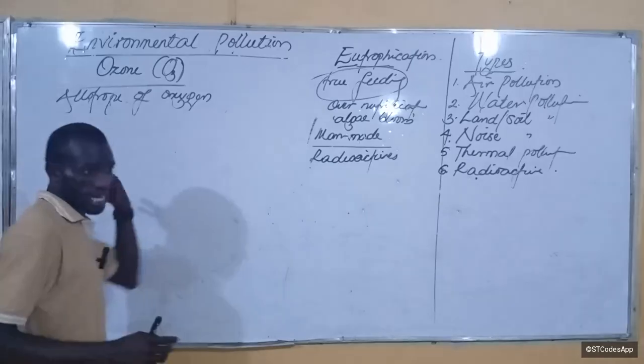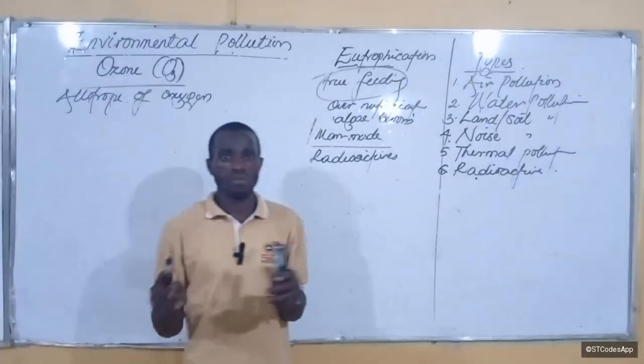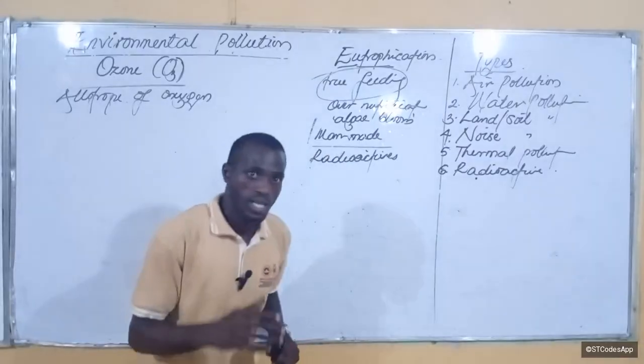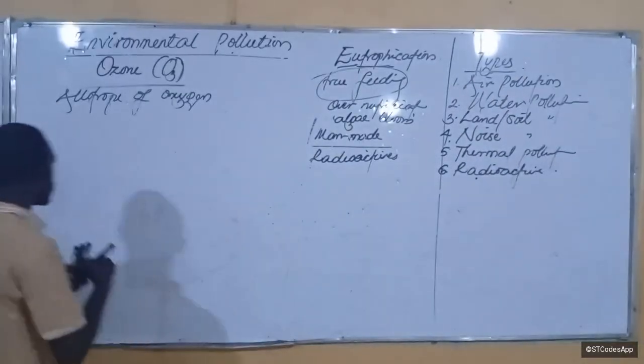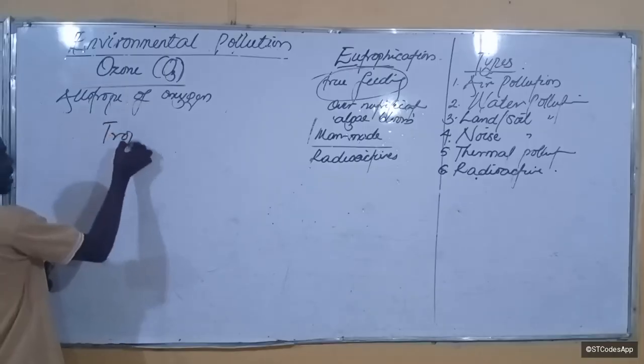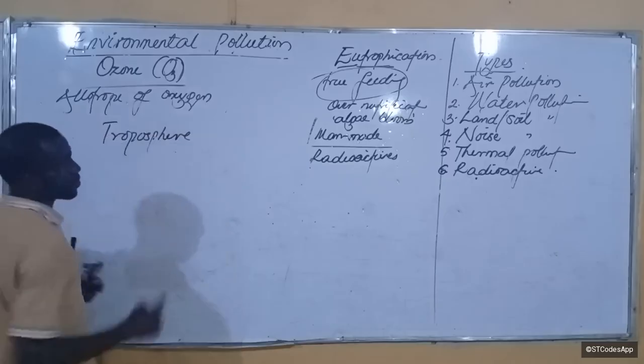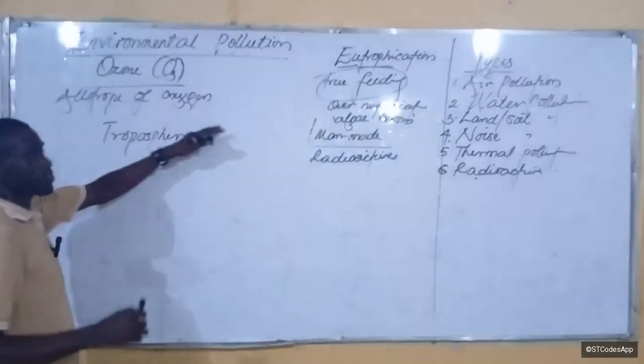Now, the layers of the atmosphere of the earth go like this. You have the troposphere. I'm not going to give you everything, I'll just give you the ones that are of consequence to this topic.